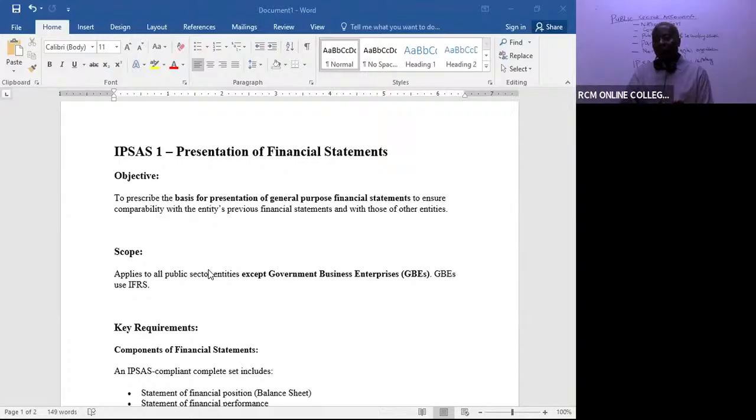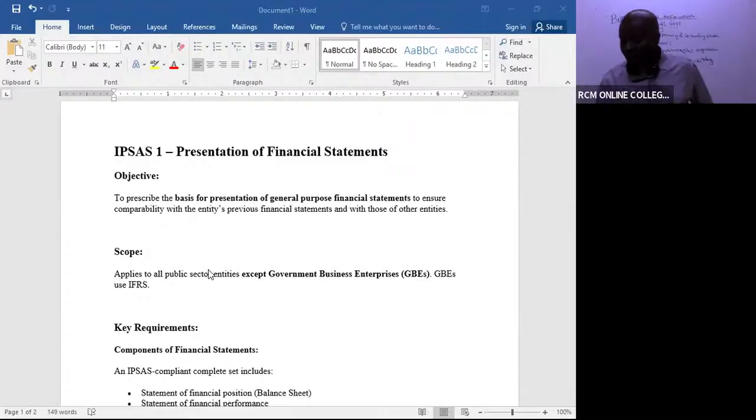A statement of financial performance is what we call income statement in the private sector. If it is a statement of financial position, which is the same as the balance sheet, then how should it look like? And which statements do we need to have as a public sector entity to say that now we are IPSAS compliant?